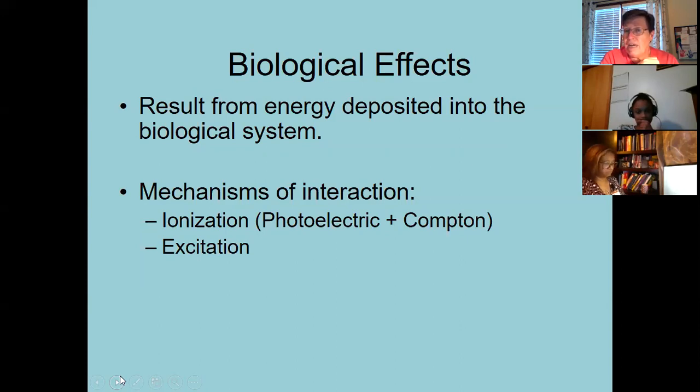But basically, when radiation enters a person, either you or the patient, interactions occur. We've already said these interactions are either ionization or excitation. Just a little while ago, we talked about photoelectric and Compton being ionizing events. So these ionizing events leave energy in the patient, and this energy ultimately can cause a biological response.